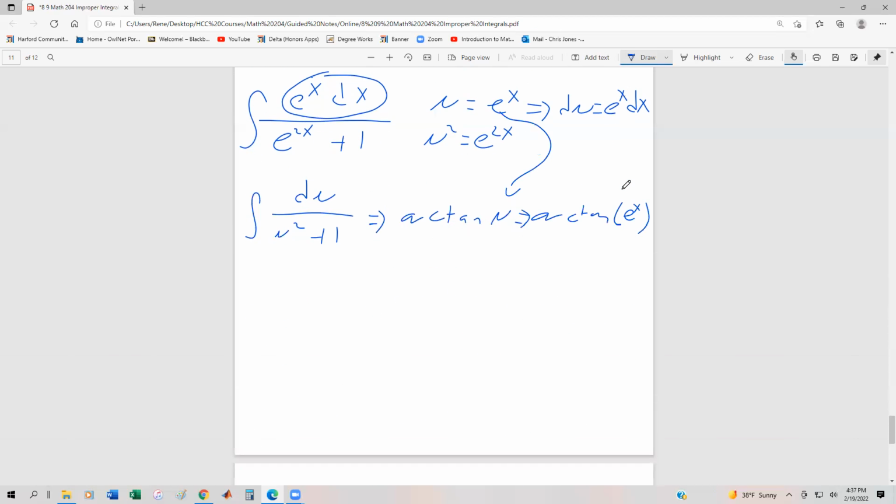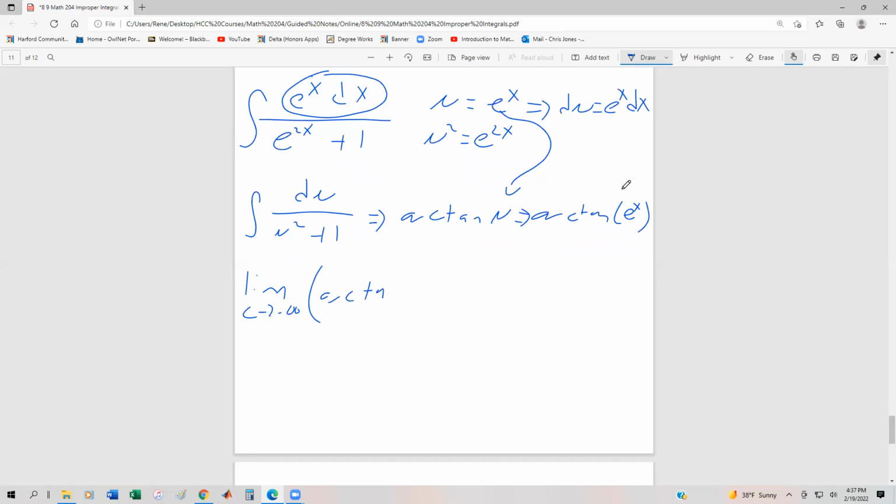So we get the limit as c approaches negative infinity of arctan of e to the x from c to 0, plus the limit as d approaches infinity of arctan of e to the x from 0 to d.